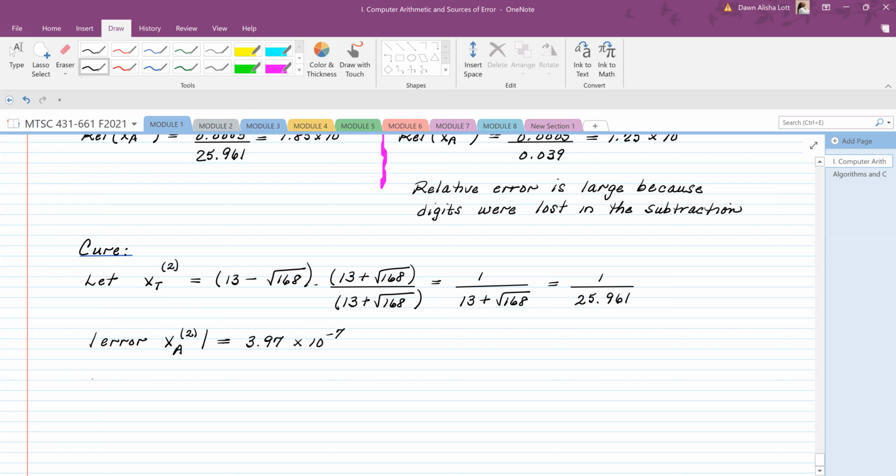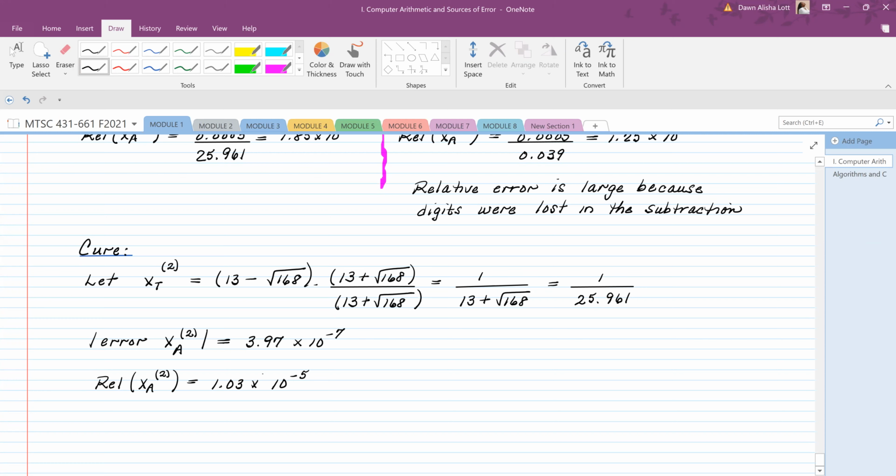And so therefore the absolute value of our relative error now becomes 1.03 times 10 to the minus 5.